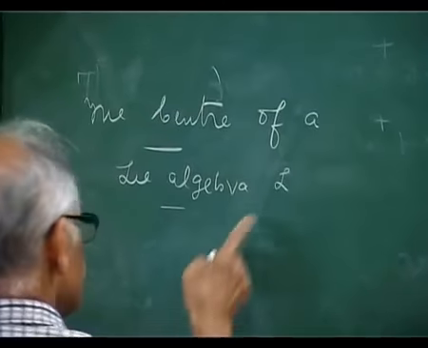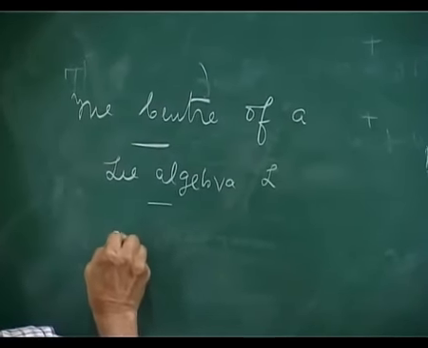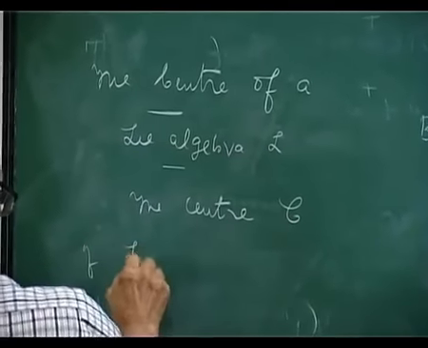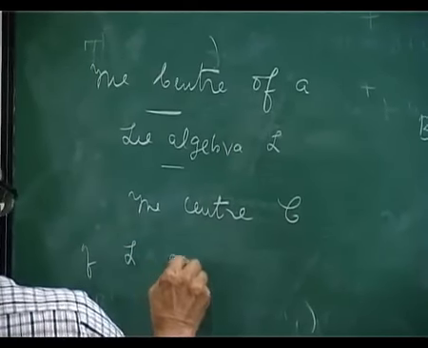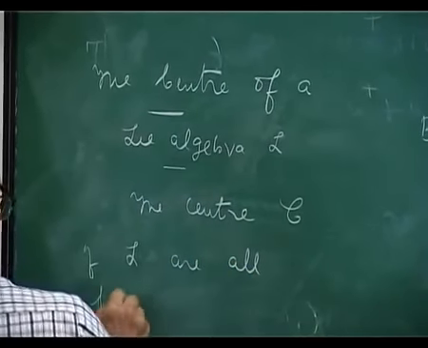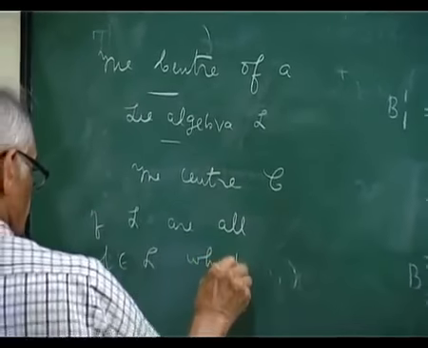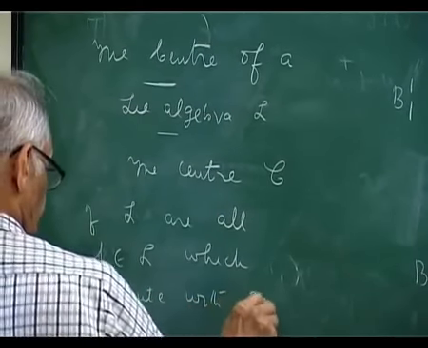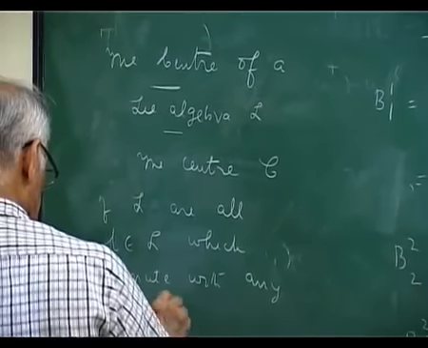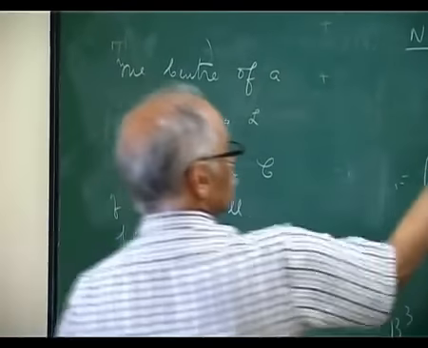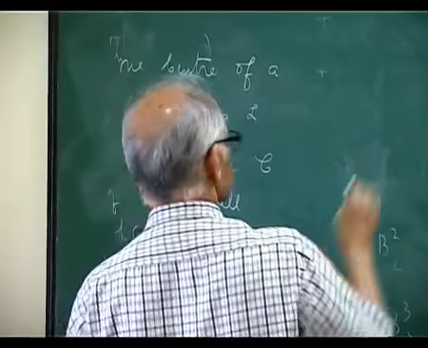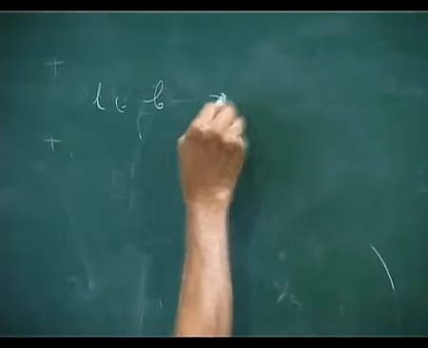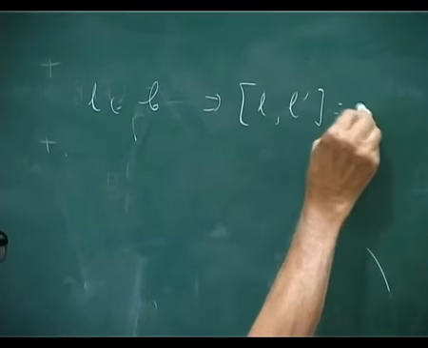For example, the center C of L, okay, are all L in L which commute with any L prime in L. So L belongs to the center means the commutator with L prime is 0, for all L prime.